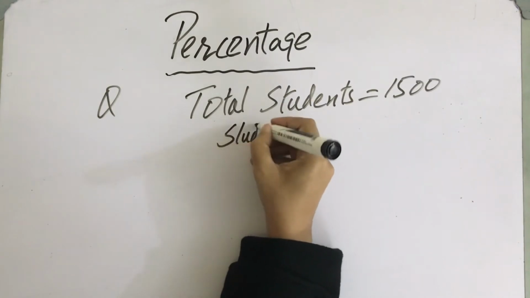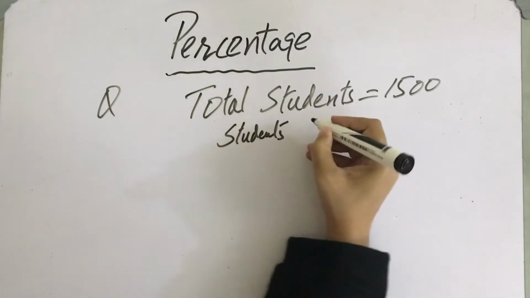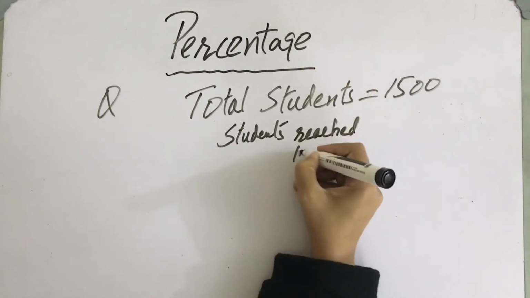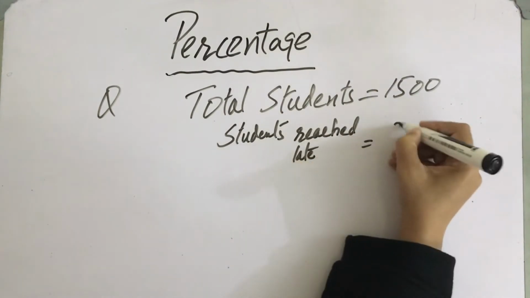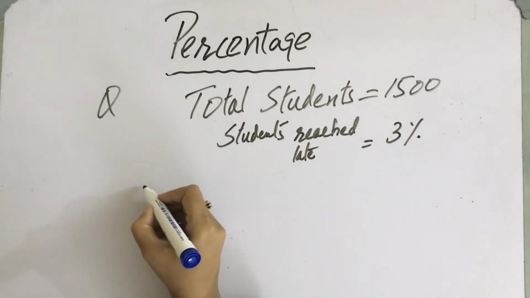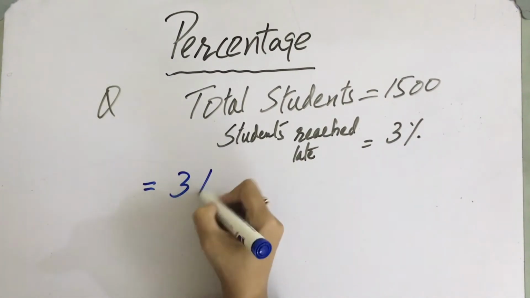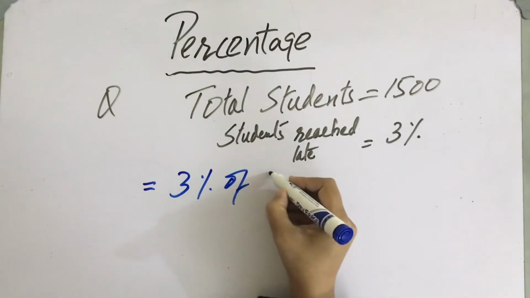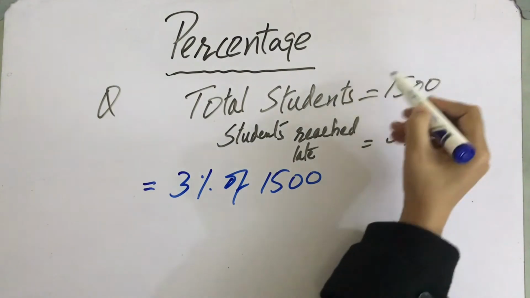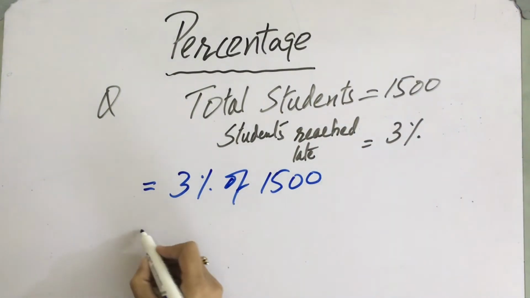Students reached late 3%. Okay, now when I change this statement, I shall write it as 3% of 1500 were late. 3% of total students, 3% of 1500 late.